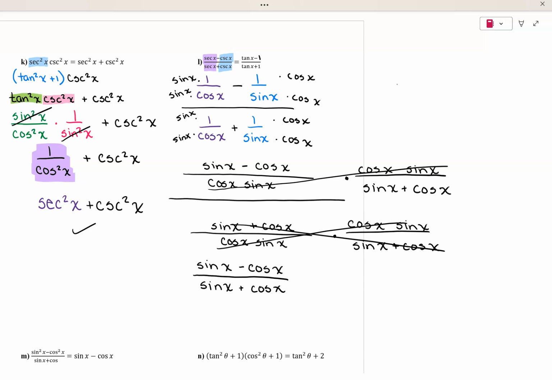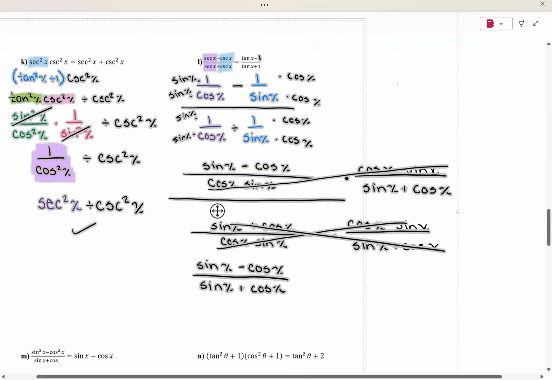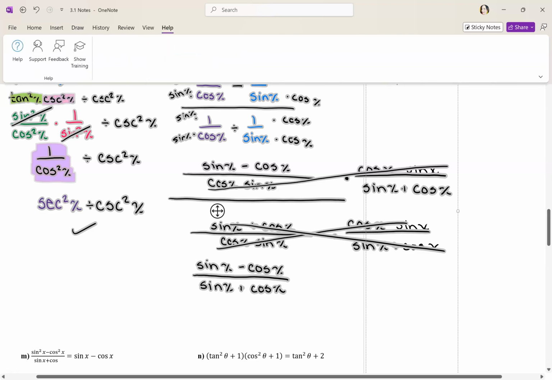Okay, now I want you to try to see what we have here. We have to get to tan minus 1. So notice we have our signs right, but I want you to think about this. If I need to get a 1 in this spot right here, what could I technically divide that by to get it? And hopefully you said cosine, and that's exactly right. So what we're going to do, if it'll let me change my colors.